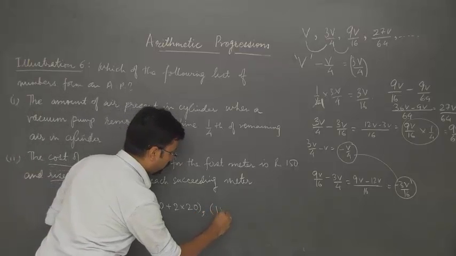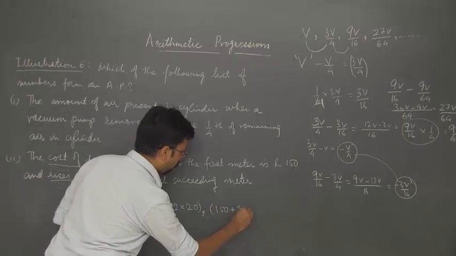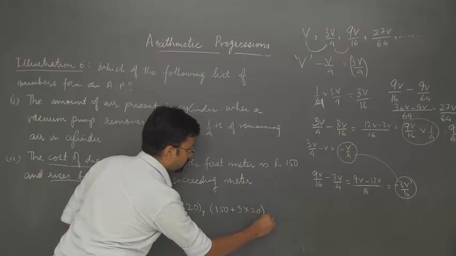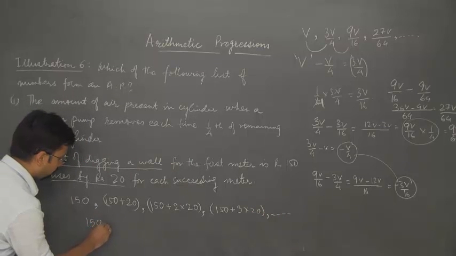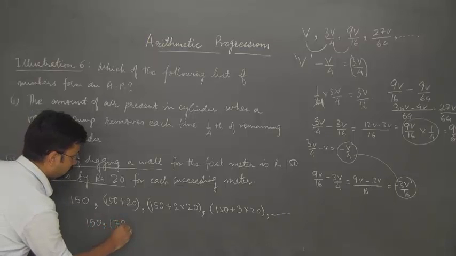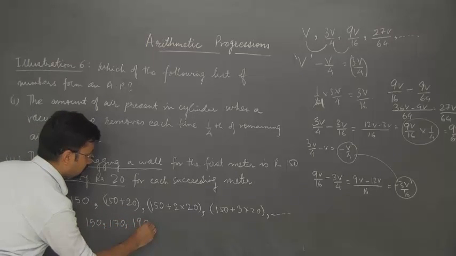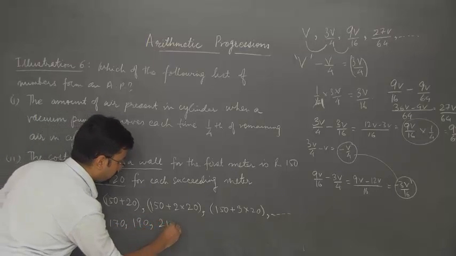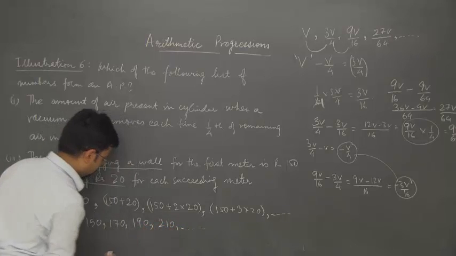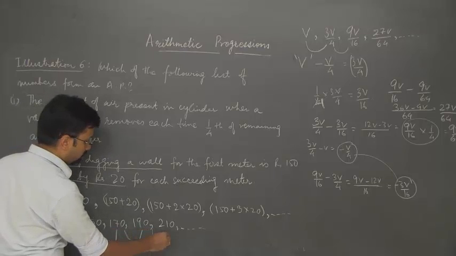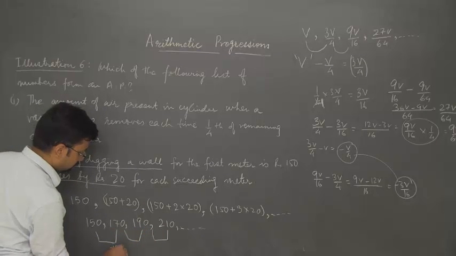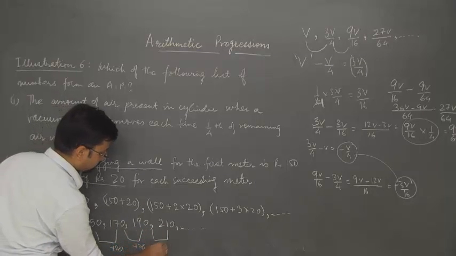Similarly, if we go on increasing the height, we are going to obtain a list. So what exactly do we obtain? We obtain 150, 170, 190, 210 and so on. We observe here that the common difference always remains as 20.